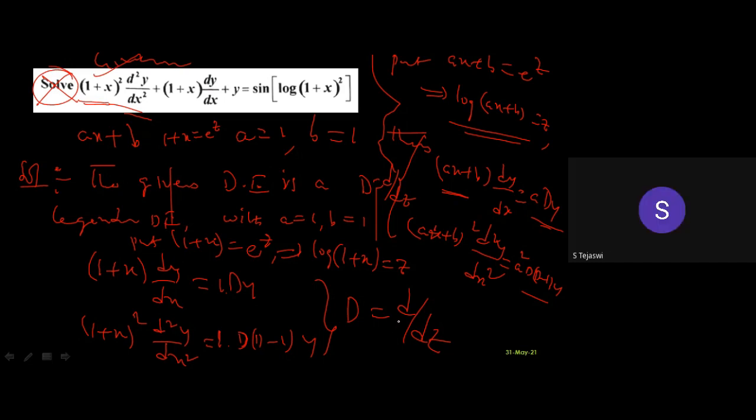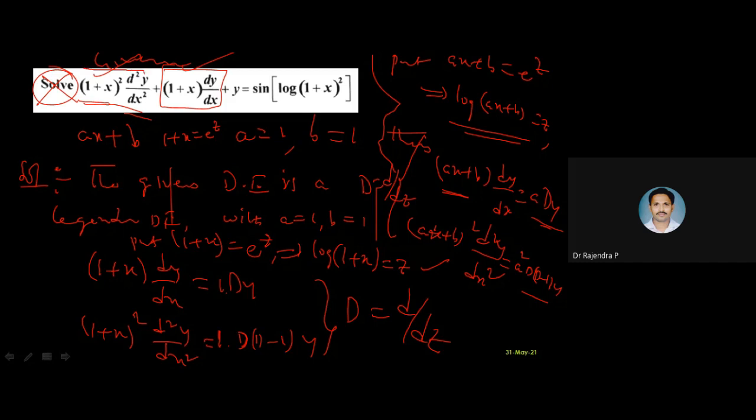Yes, sir. If I take this particular substitution in this equation, then you need not show the remaining calculations. You have to take the first term, 1 plus x dy by dx, that is a into D y. The a value in this problem is 1, so 1 into D y.